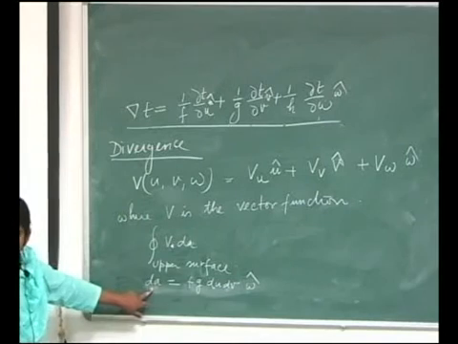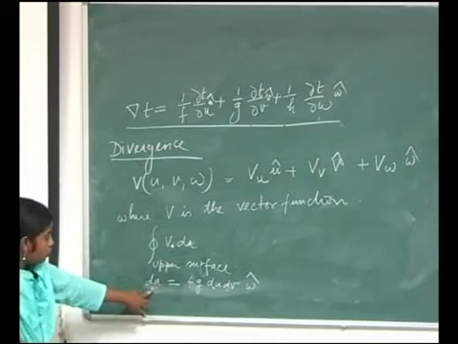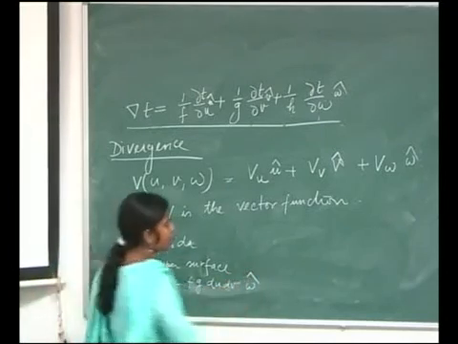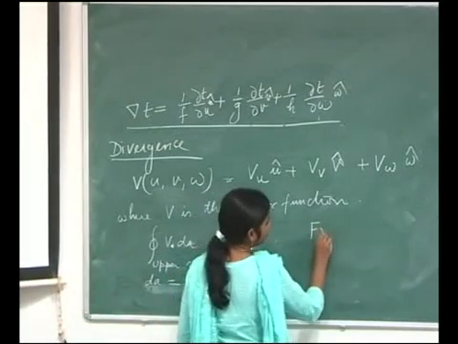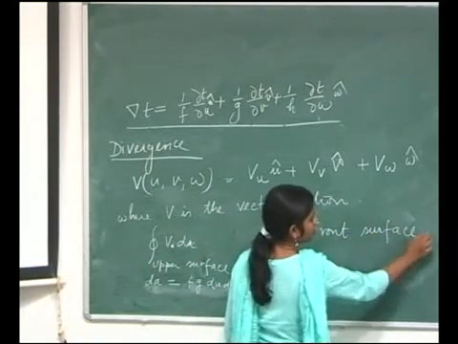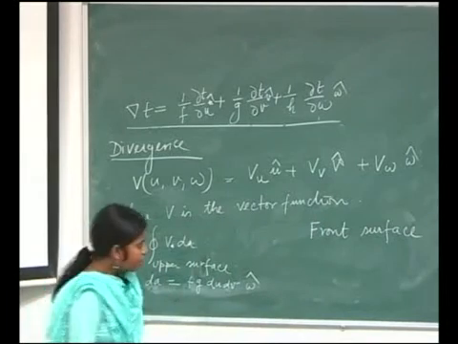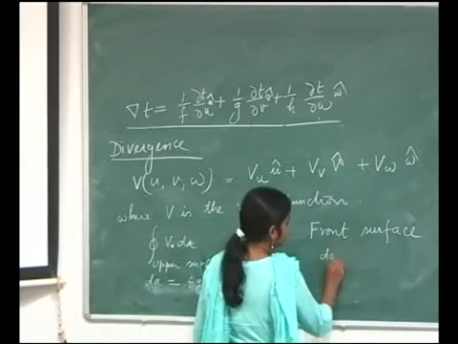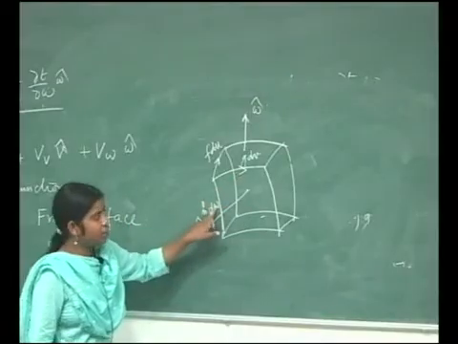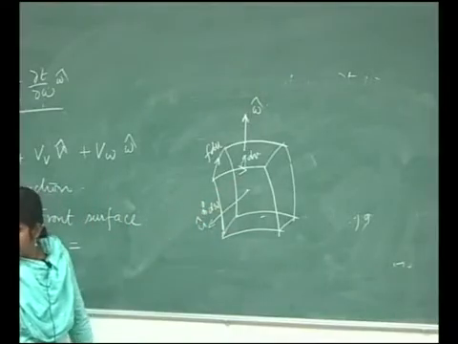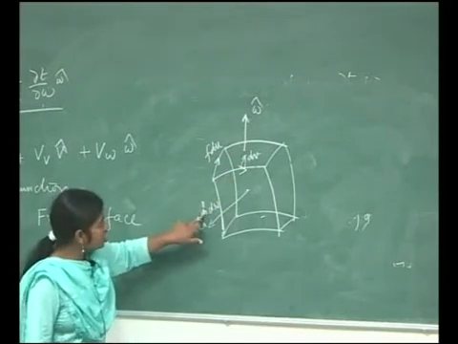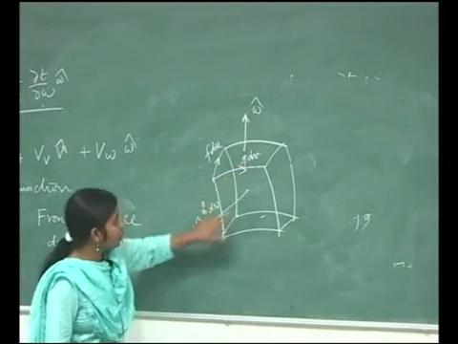For the front surface, dA is equal to GH dW dV, that is H dW into G dV into U cap.